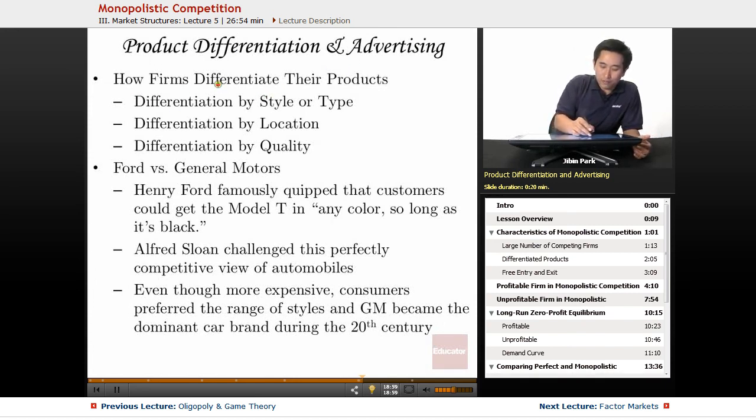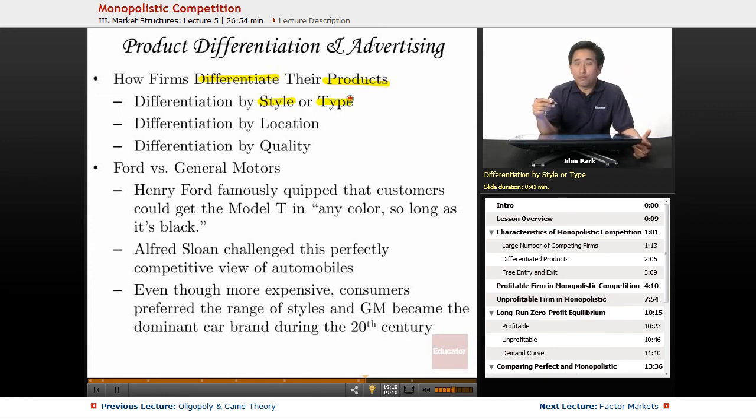Now, how can firms differentiate their products? Three different ways. They can differentiate by style or type. And again, each firm is going to do whatever they can to try to gain market share. For example, in the 1970s, when the airlines faced regulations in terms of price floors, all flights basically were charging higher than the equilibrium.